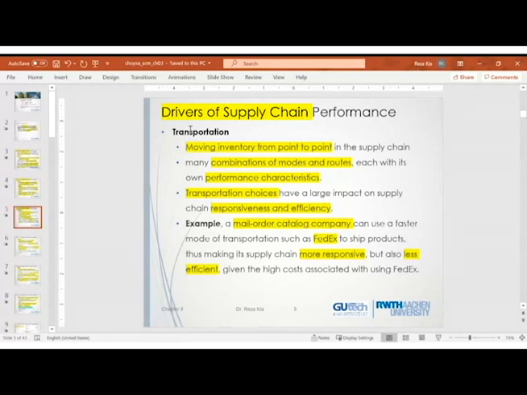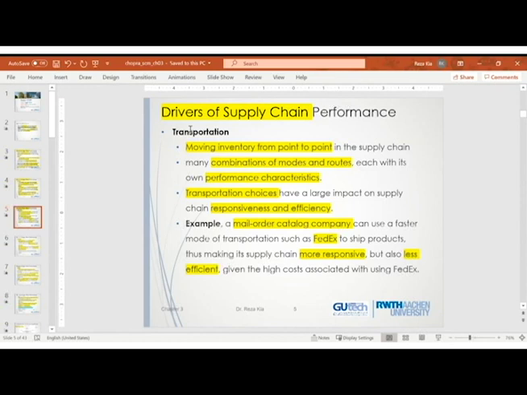You have studied that there are different transportation modes with different performance characteristics. Again, your decision regarding the transportation mode will impact the responsiveness and efficiency of your supply chain. As one example, let's assume that you are a manager in a mail order catalog company, providing catalogs for your customers.